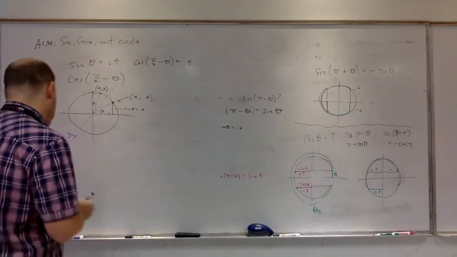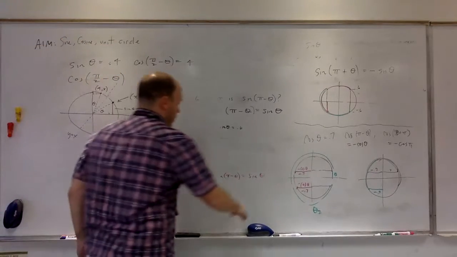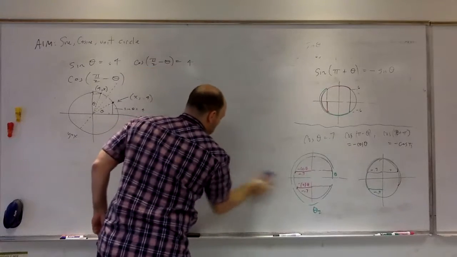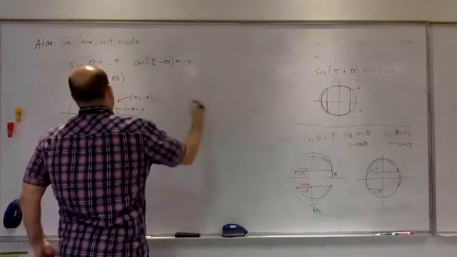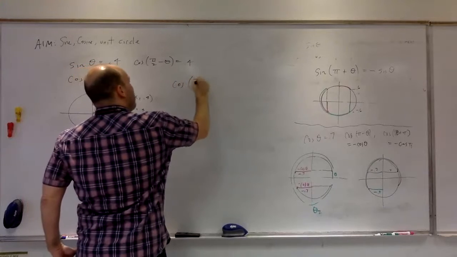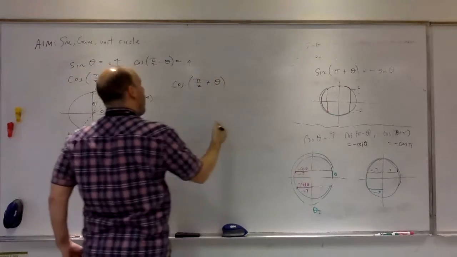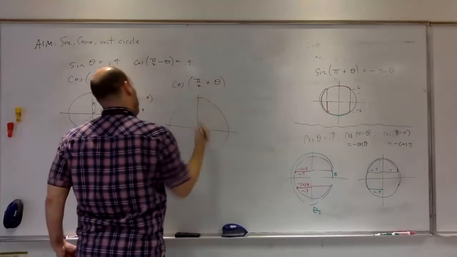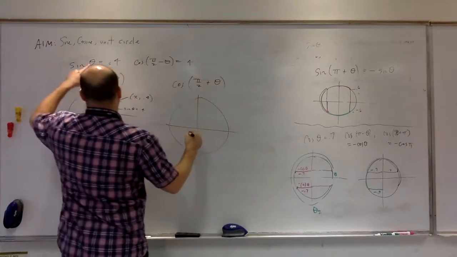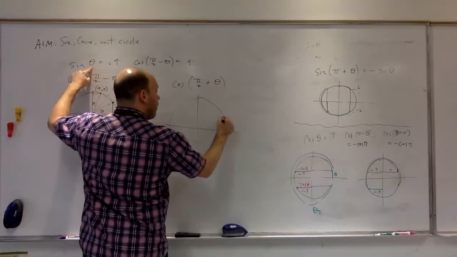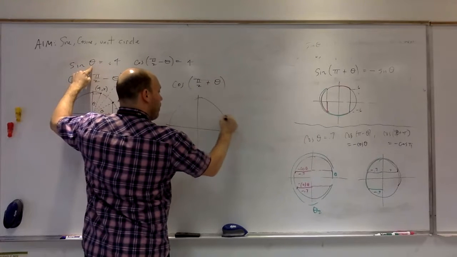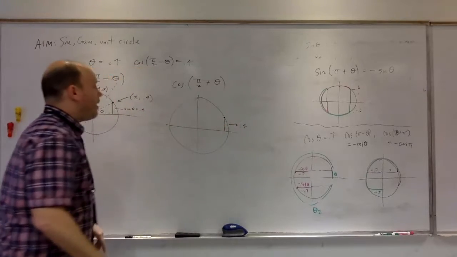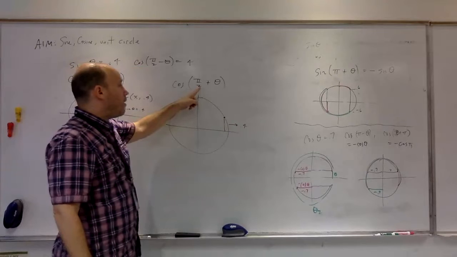Let's use the unit circle for the next thing. Cosine of 90 plus theta. Let's see what's going on here. We know that sine of theta is 0.4, and the idea is we're rotating 90 degrees.